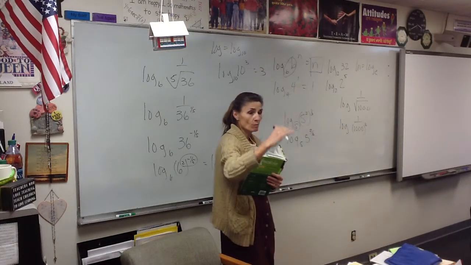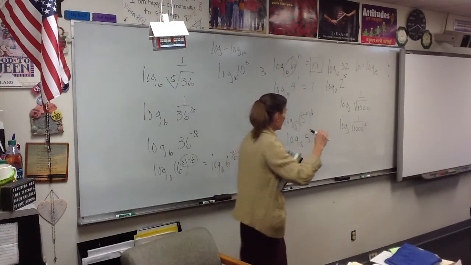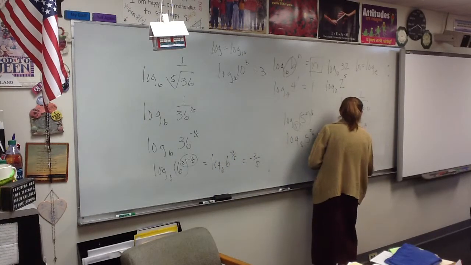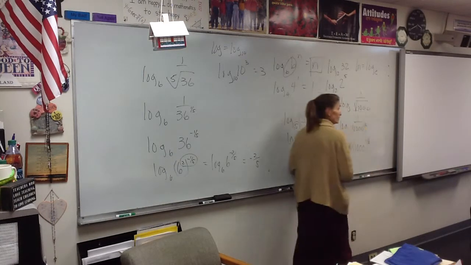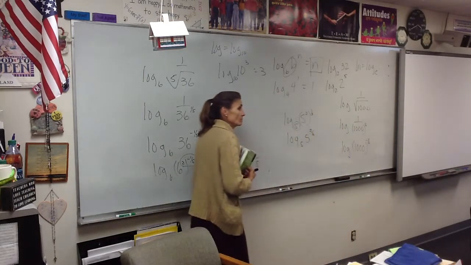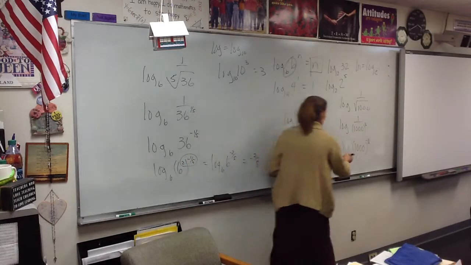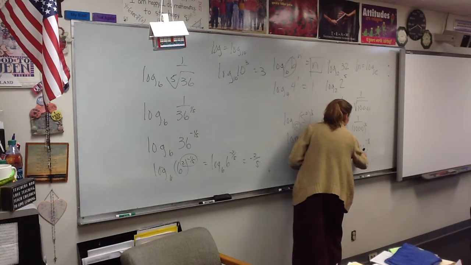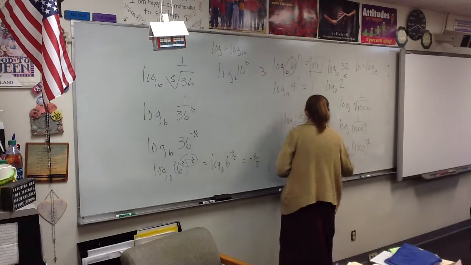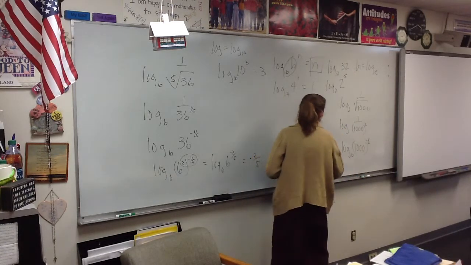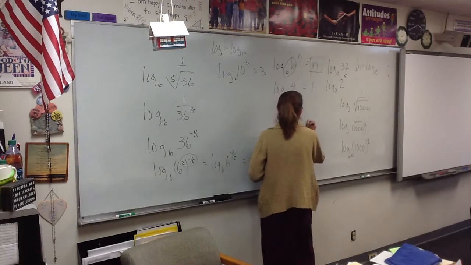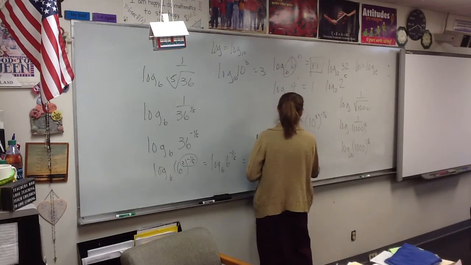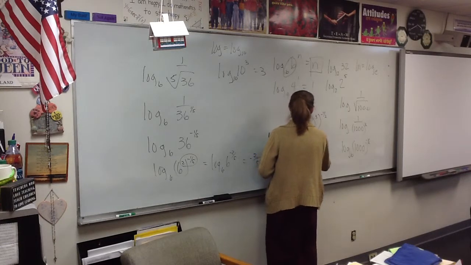Now, what does the 1 over do? Means we had a negative exponent. So we have 1,000 to the negative 1/2. Nothing works, kids, if these two numbers don't match. So what's 1,000? 10 cubed. So what's our answer going to be? Negative 3/2.